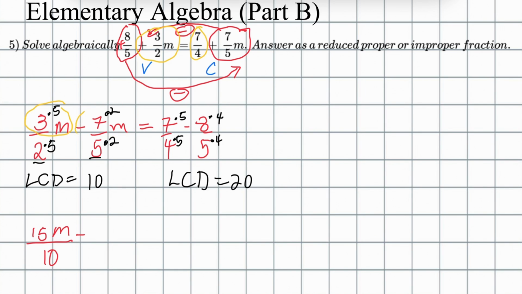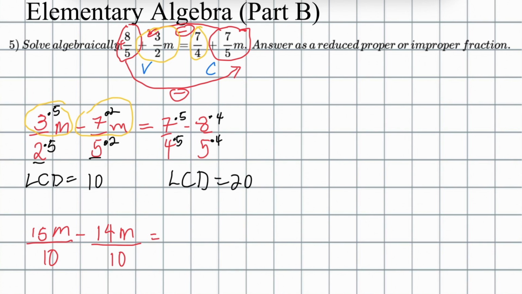So be careful with the sign, and we also include the variable. So we say negative 7 times 2, which is negative 14m. We include the variable, and we have 5 times 2, which is 10.